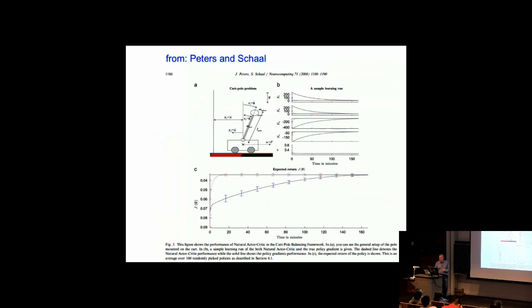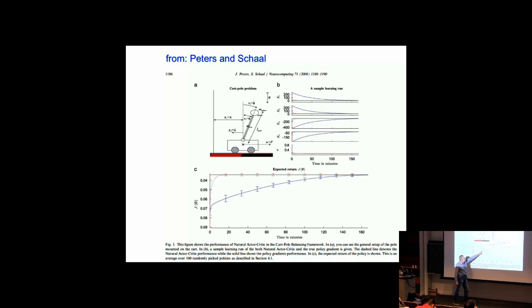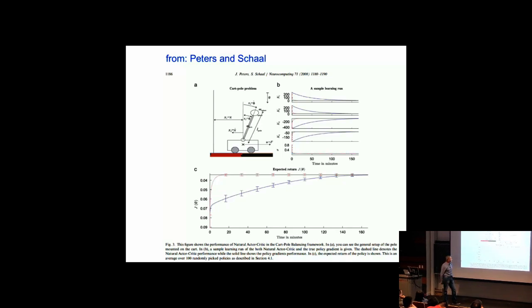Okay, does it help? Well, here's from the Peters and Schaal paper that I recommend. Here's one where they applied normal gradient, shown in blue, and the natural gradient, shown in red, to the cart pole balancing problem, where the actions are basically to exert horizontal forces on the cart to try to keep the pole in balance.